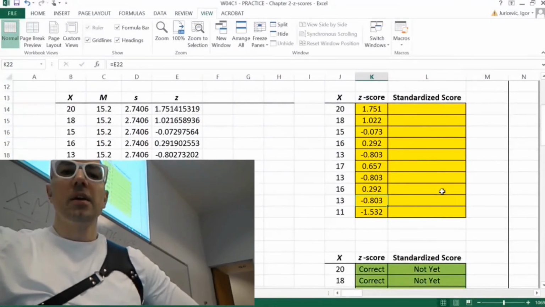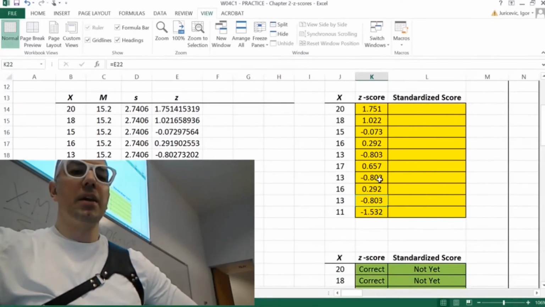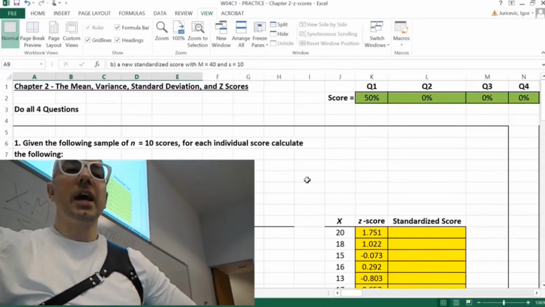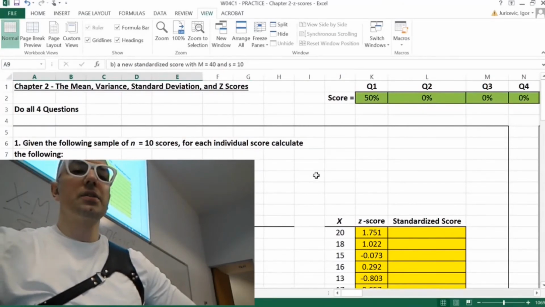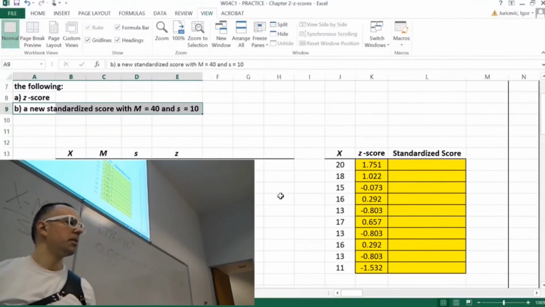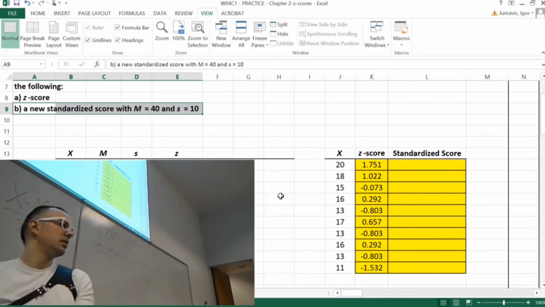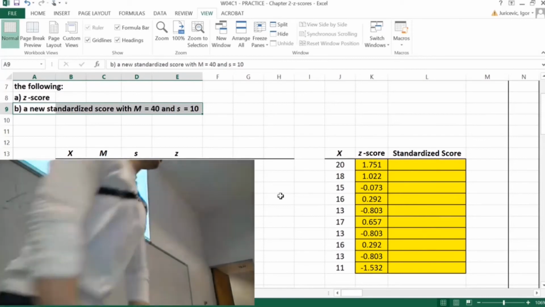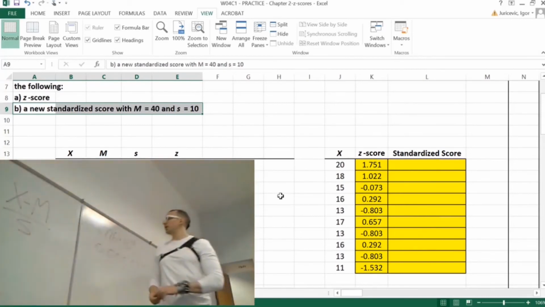All right, so the last thing we're going to do now is part B, which is the new standardized scores. We've calculated our z-scores, and now we want to make a new distribution of scores. We want to transform these original scores into new standardized scores that have a very specific mean of 40 and a very specific standard deviation of 10.